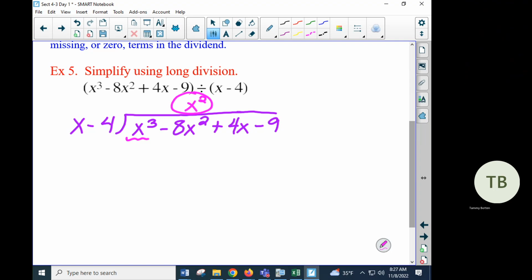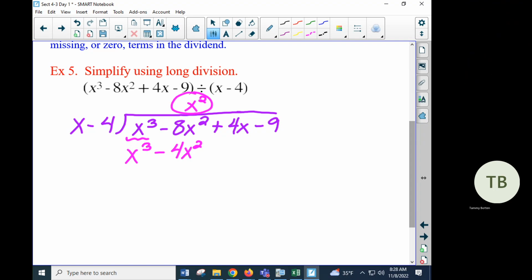It would be x squared, right? So what I would do then is I would go x squared times x, which is x to the third. These two are always going to be the same because that's how you're getting rid of it. Okay. Then you also have to multiply the x squared times this. And x squared times a negative 4 is minus 4x squared.